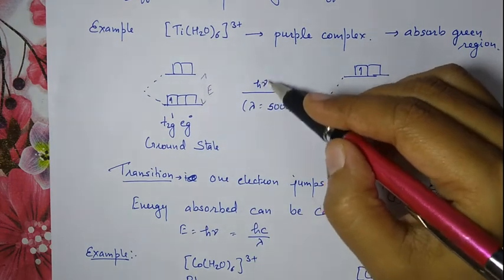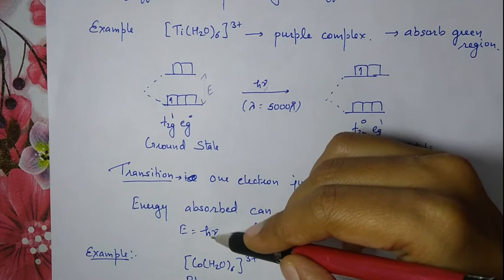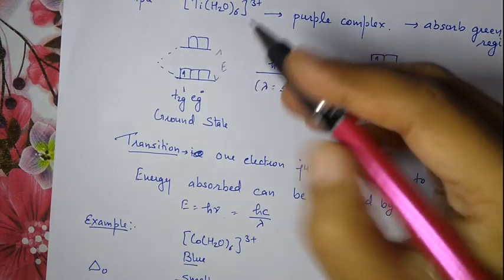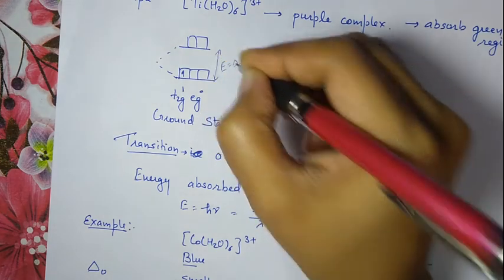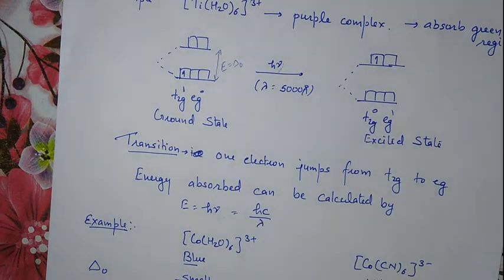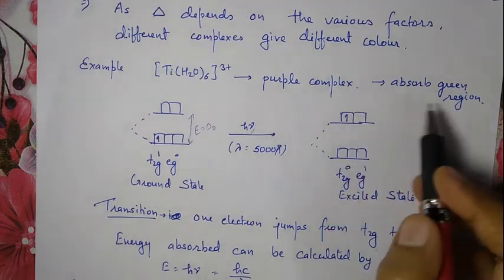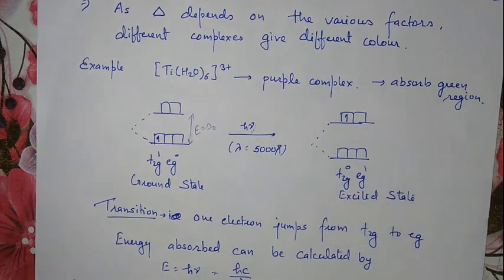You can find the wavelength or frequency of radiation absorbed, then calculate E, the difference between the levels, which is equal to delta O. In this case, it can absorb in the green region and appear as purple.